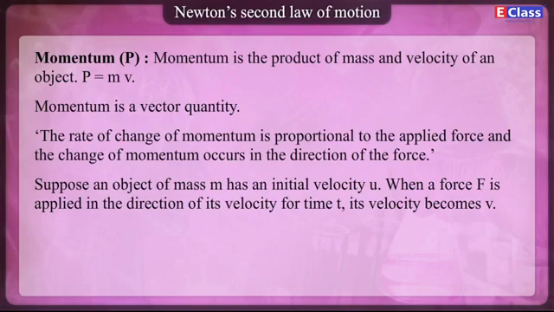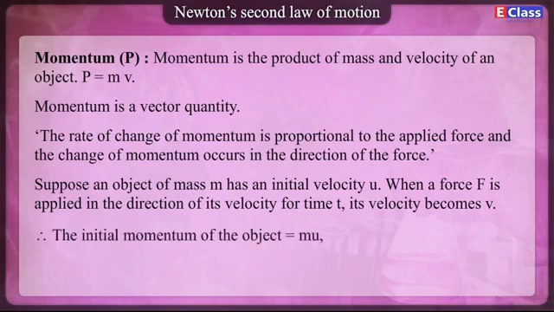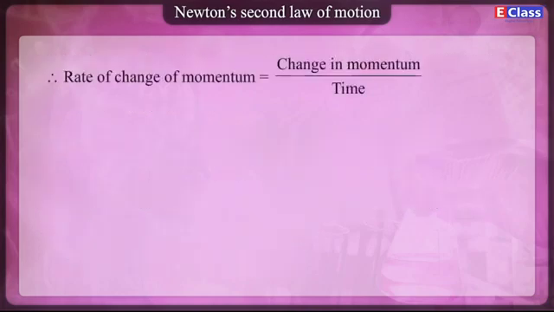When a force F is applied in the direction of its velocity for time t, its velocity becomes v. Therefore, the initial momentum of the object is equal to mu. Its final momentum after time t is equal to mv.